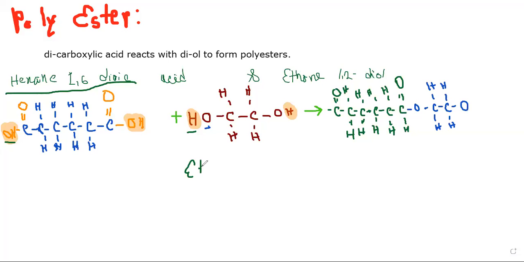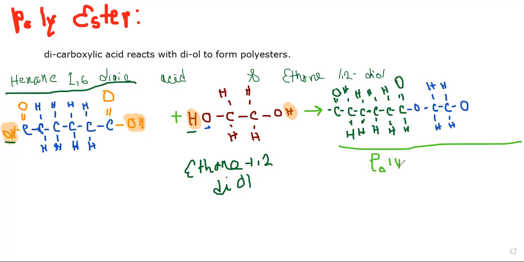Ethane diol, and the remaining product is, the only single product that we get is the polyester.